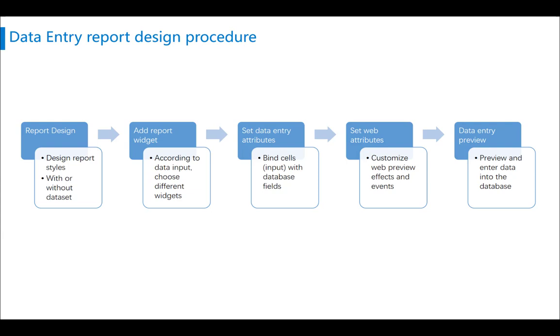The second step is add report widget. According to data input, choose different widgets. This step is pretty straightforward. The third step is to set data entry attributes, which we need to bind cells with database fields.